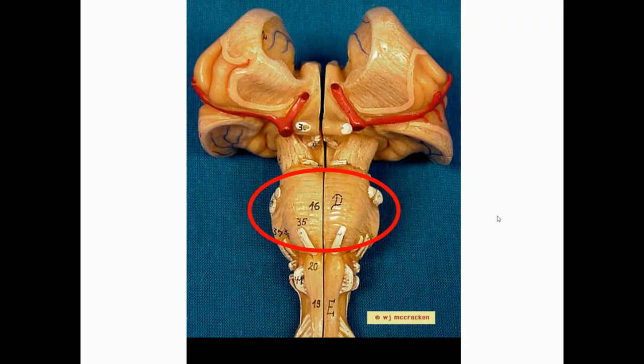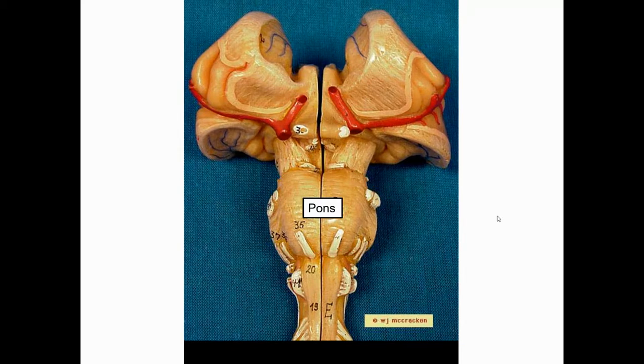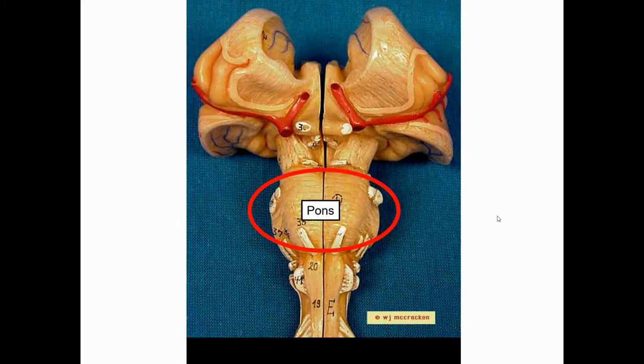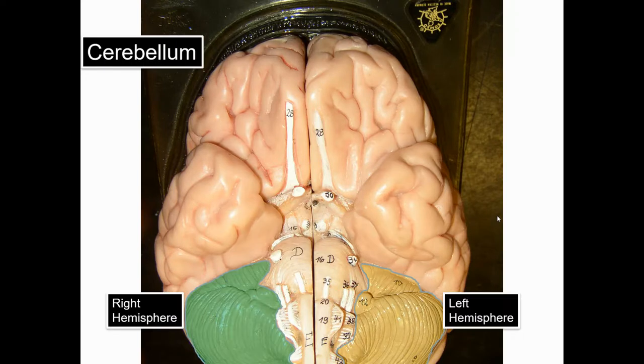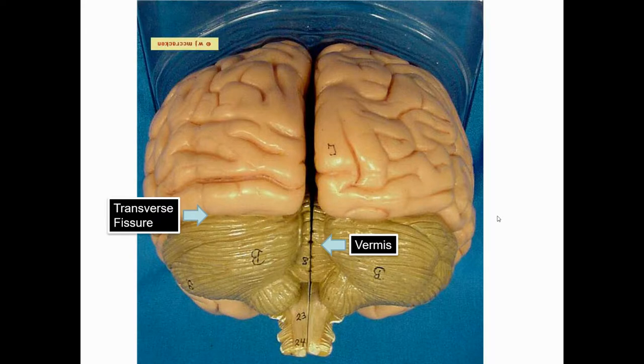Here's our pons, and you can see those cranial nerves attached to it. But here's the cerebellum. Remember, it's very similar to the cerebrum. It has two hemispheres, a right hemisphere and a left hemisphere. Each hemisphere has lobes to it. Remember, it's separated from the cerebrum by the transverse fissure, and the two hemispheres of the cerebellum are connected by the vermis.